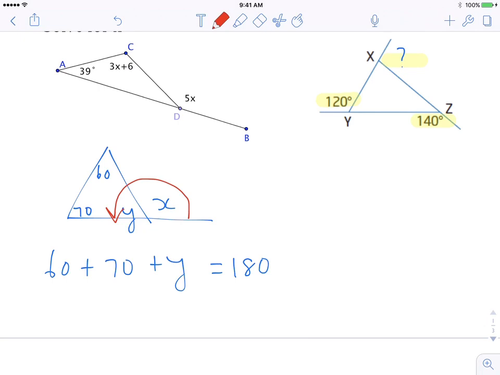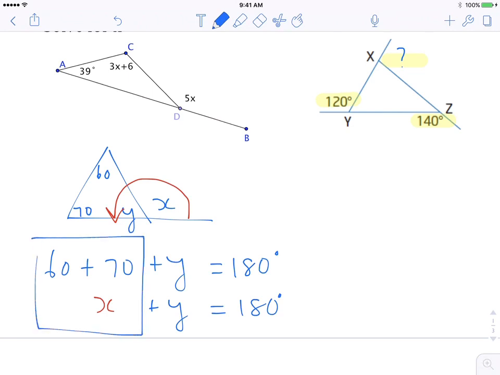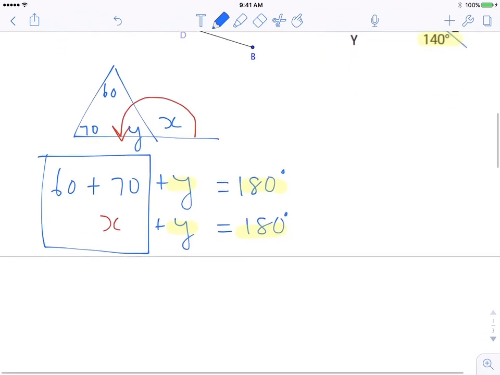In this case, we know that x plus y equal 180 degrees. So what I notice is if I add either 60 plus 70 to y, then we get 180 degrees. If we add x to y, we get 180. So whenever you add either of those to y, you get 180.